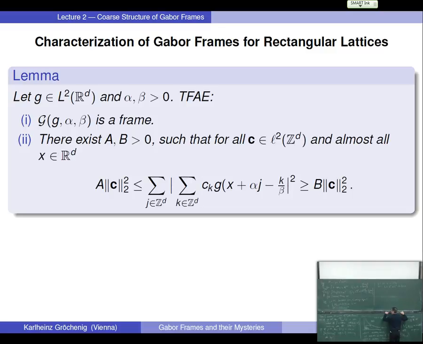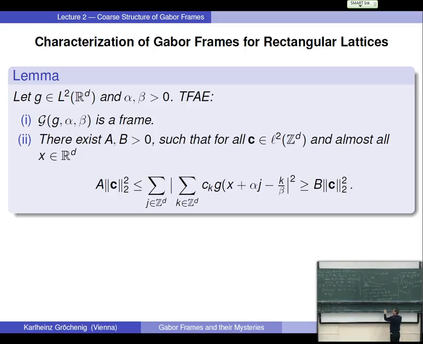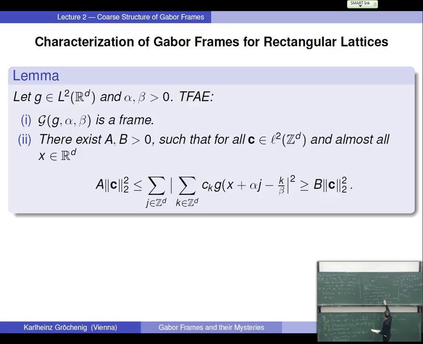So the deformation result implies the exclusion of the critical hyperbola.